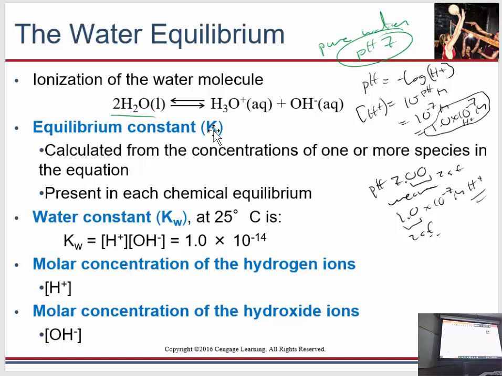And so that means we have acid present in water. But water's pH neutral because the hydroxide ion concentration is also 1.0 times 10 to the minus 7 molar. And so the way neutral is defined in terms of pH is this.